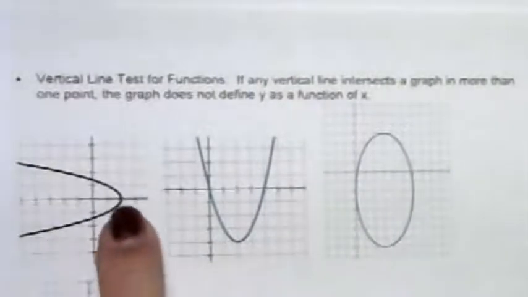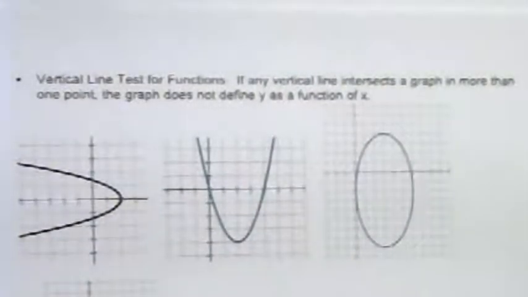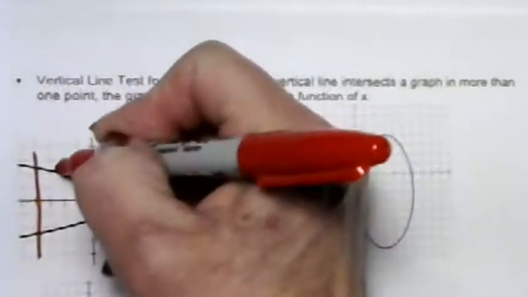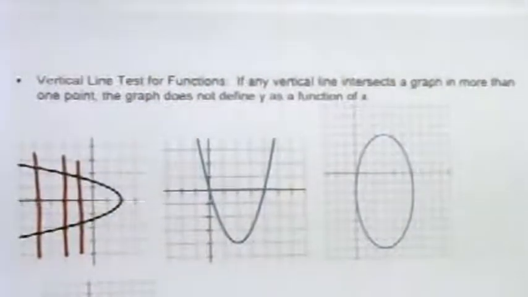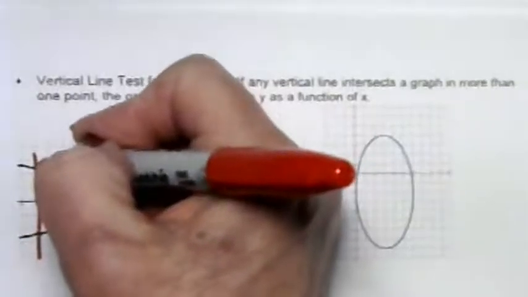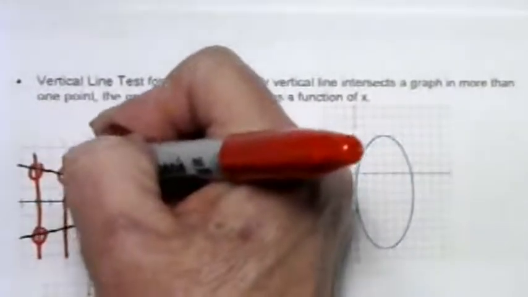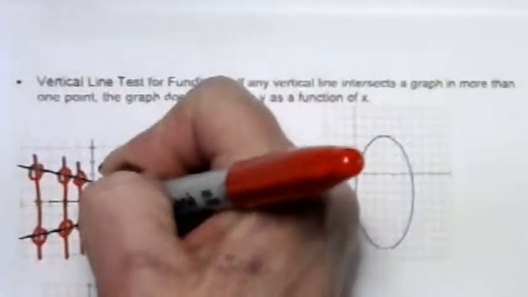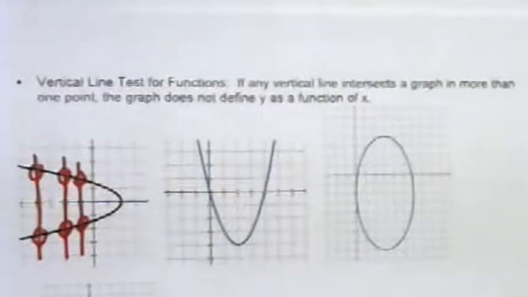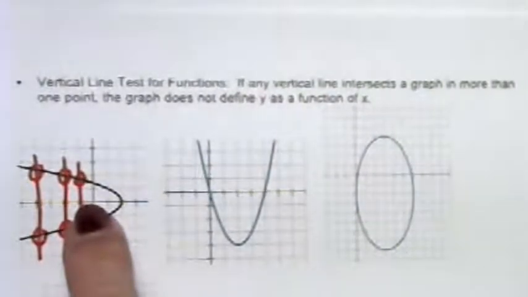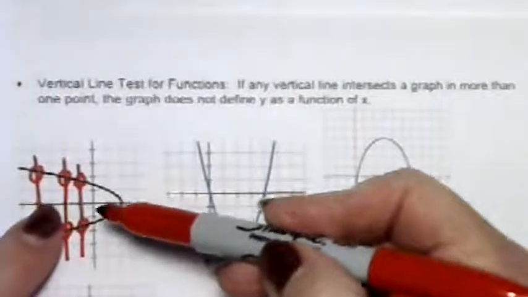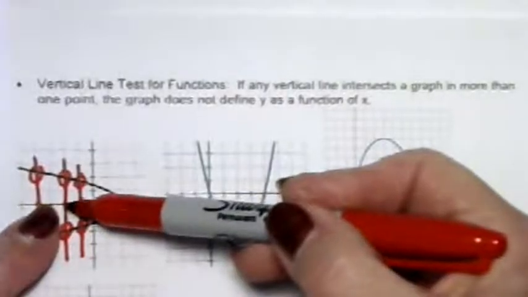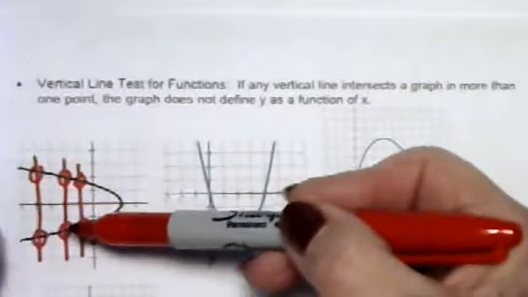Looking at this first equation here, we don't know if it's a function or not. If we were to draw some vertical lines here, we could see that this graph does not pass the vertical line test, because for these vertical lines, we can see that for this particular x value here, and this particular x value, and this one also, at this x value, we have two possible y values, here and here.